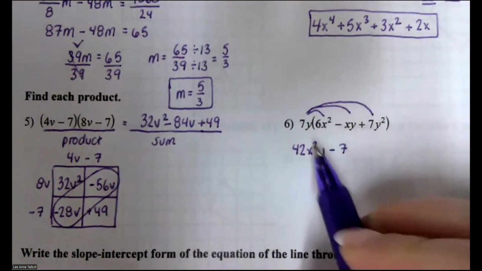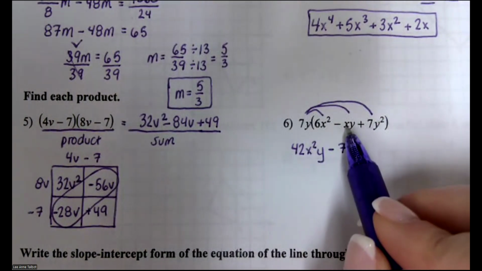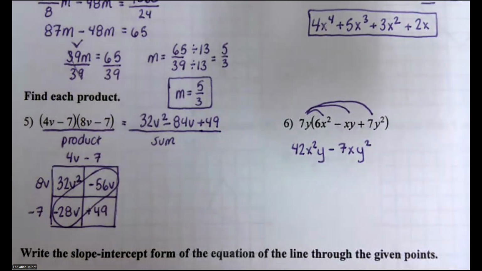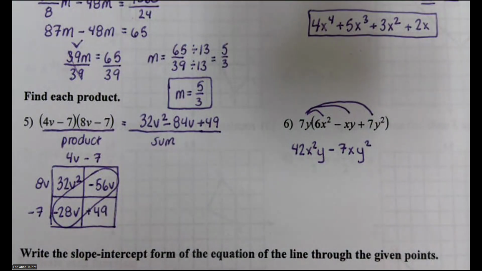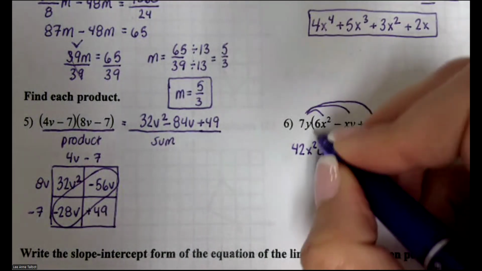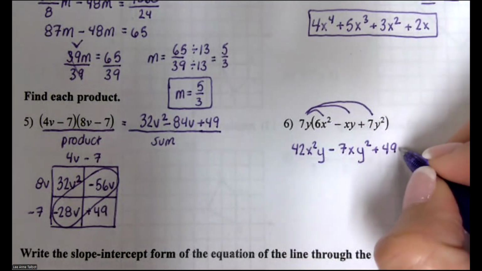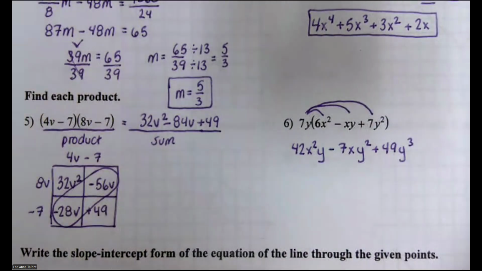Minus 7. Okay, this one has 1x and 2y's. And then 7 times 7 is 49. And there's 1y here and 2y's here, so that makes it y cubed.